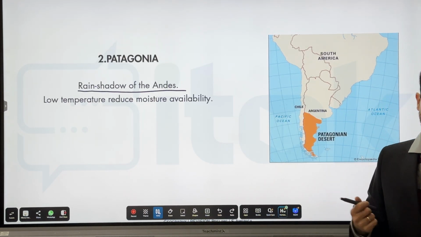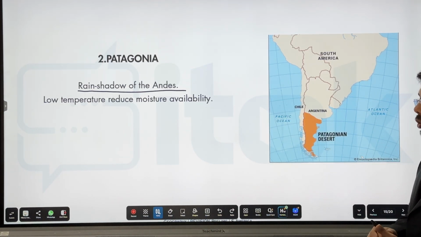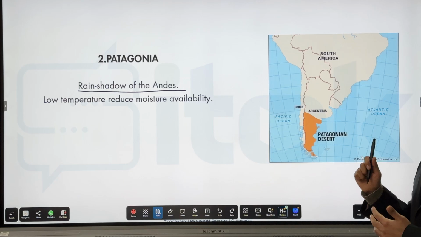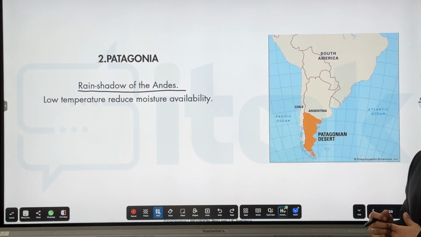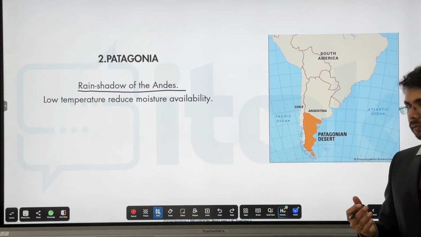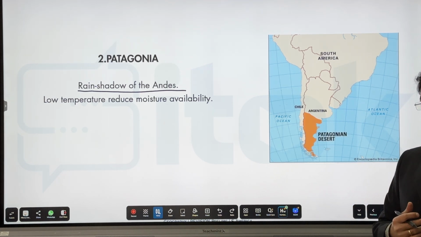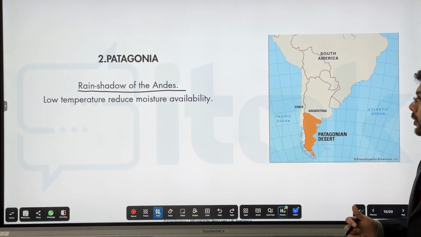So it results in the Patagonia desert. It is a cold desert. So for the first time we are coming across a cold desert. Cold deserts do not usually form because of a high pressure region or because a cold current is affecting them. They are formed just because of other reasons.